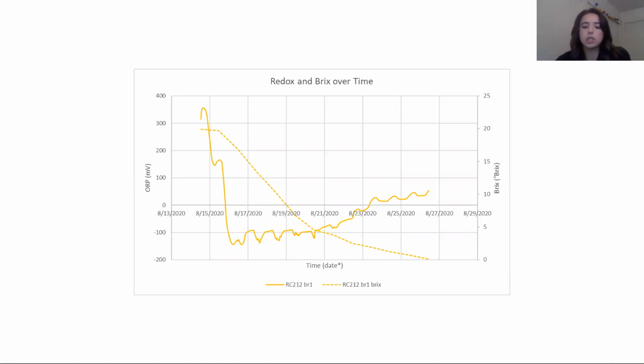Again, it's a good representation of what a successful fermentation looks like. It has that high start at around positive 300. Around day 3, we hit this redox low of about negative 150 millivolts. And then when the fermentation hits about 5 Brix, we see that the redox starts to rise again.